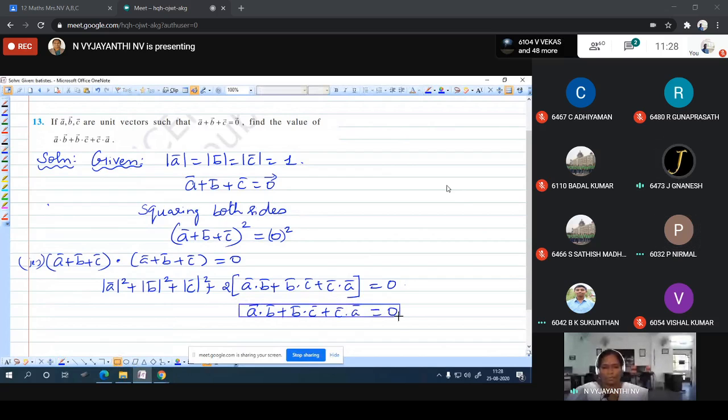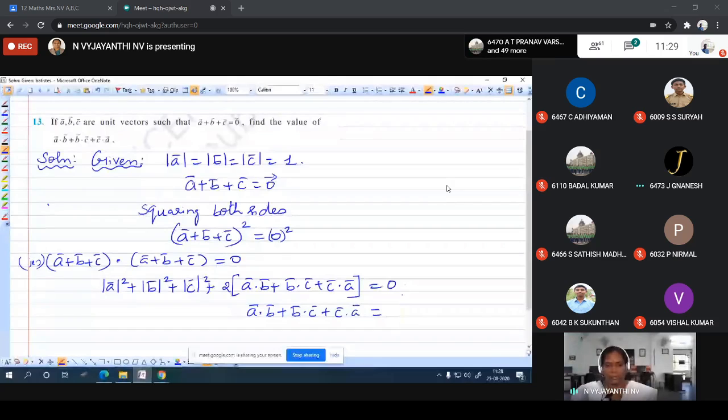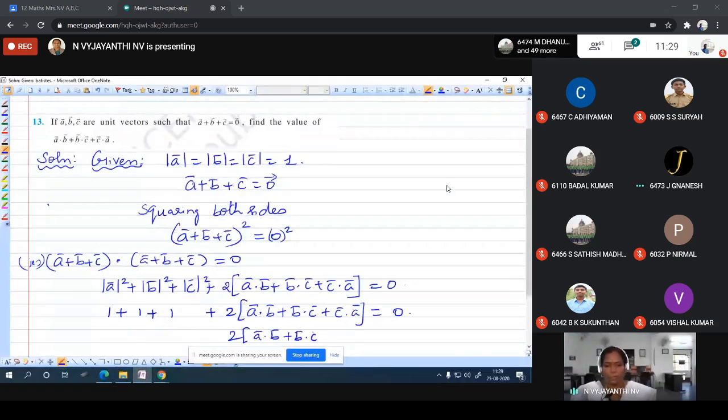A, B, C are unit vectors, so I made a mistake earlier. Here these are unit vectors: 1 plus 1 plus 1 plus 2 times of this equals 0. So 2 times of A dot B plus B dot C plus C dot A equals minus 3, isn't it?